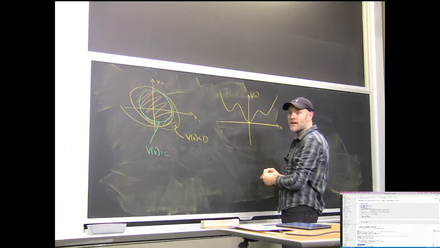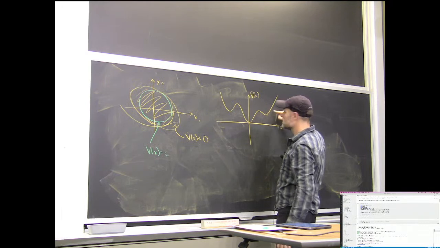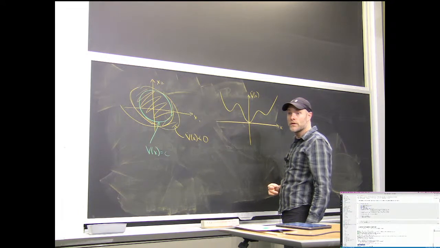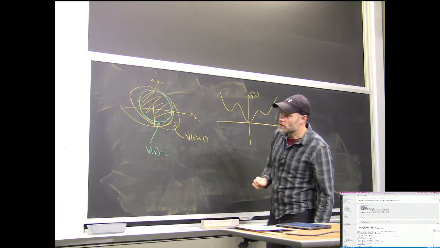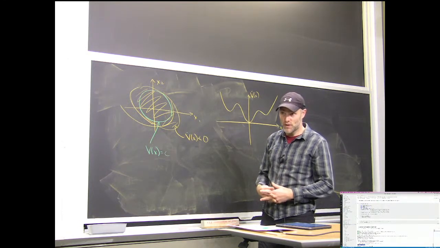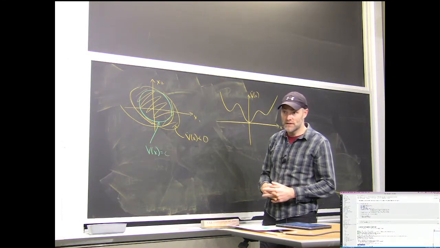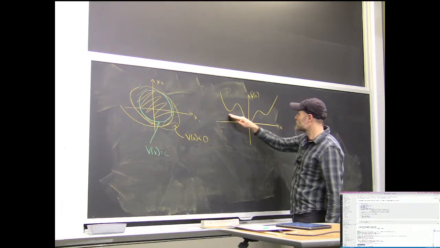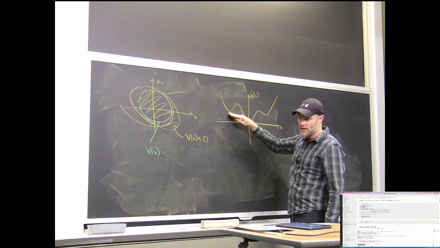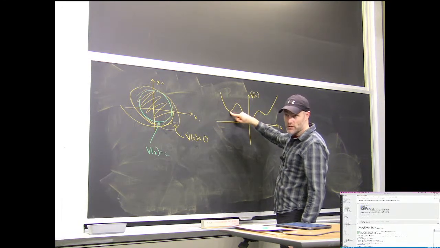Is that V dot or V? This is V. But even if V goes up, as long as your V dot doesn't go up, it's fine, right? In the statement of the region of attraction, I use asymptotic stability, where you're strictly going down. Certainly you can't have V dot less than 0 here, because partial V partial x is 0, which means V dot is 0.